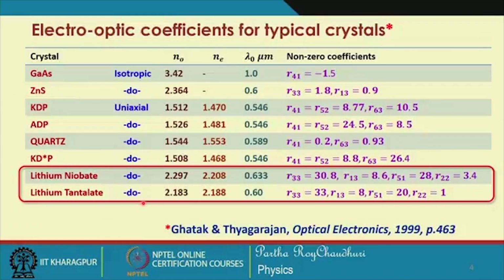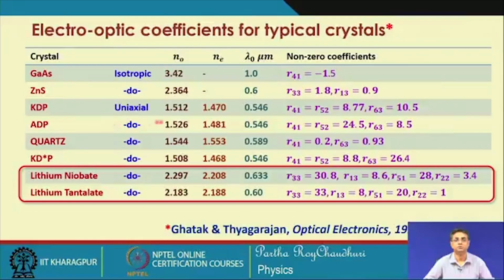So, let us refer to this table which I have shown you earlier. Now we are here because we have discussed the electro-optic properties of KDP and gallium arsenide, and now this lithium niobate, whose ordinary refractive index is 2.297, and 2.208 is the extraordinary refractive index, at the helium neon wavelength, that is around 0.633 micrometer.